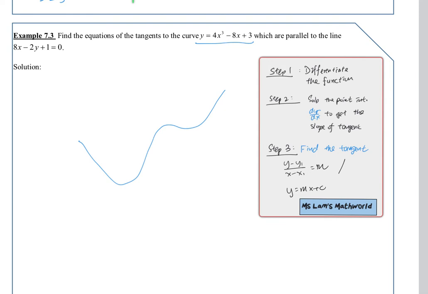So that means if we want to find the equation of tangent, this one is okay. But we miss out the point. So right now that means we have to find the point which is having the same slope as the tangent.